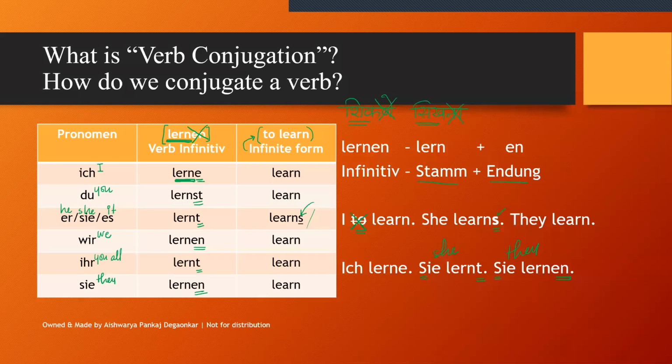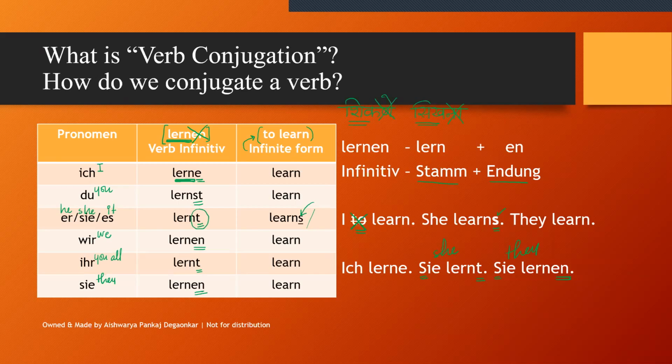Okay, ma'am. So why does it need to be shikto and shikte? Because that's how the rule is. And the same logic applies with these endings, that is e, st, and t. But here we notice that for he, she, it, the t remains as it is, meaning the German verbs are not gender sensitive.